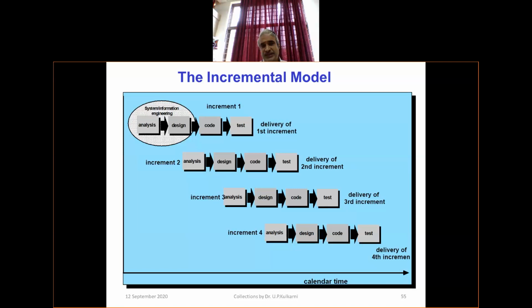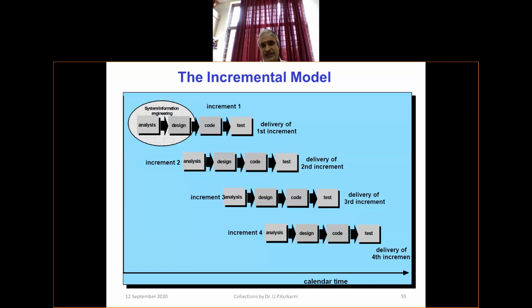That's one increment. You develop it and release it. Then you go for the next increment, student registration to the courses. That's one functionality, so usually it is around 10 to 20,000 lines of code.